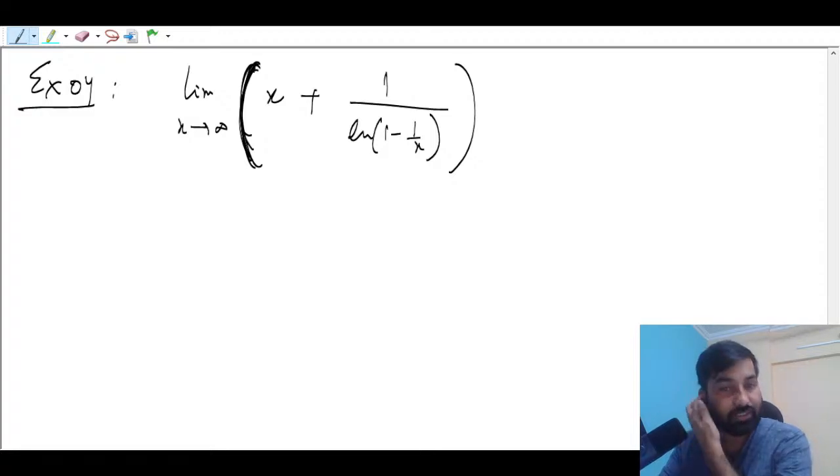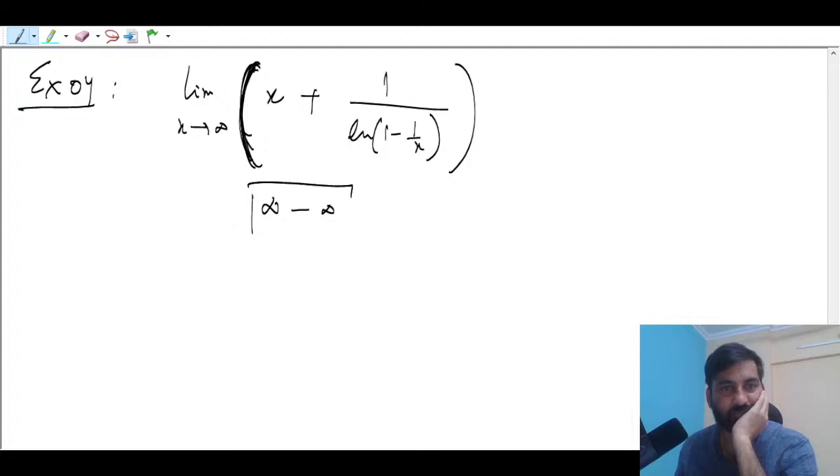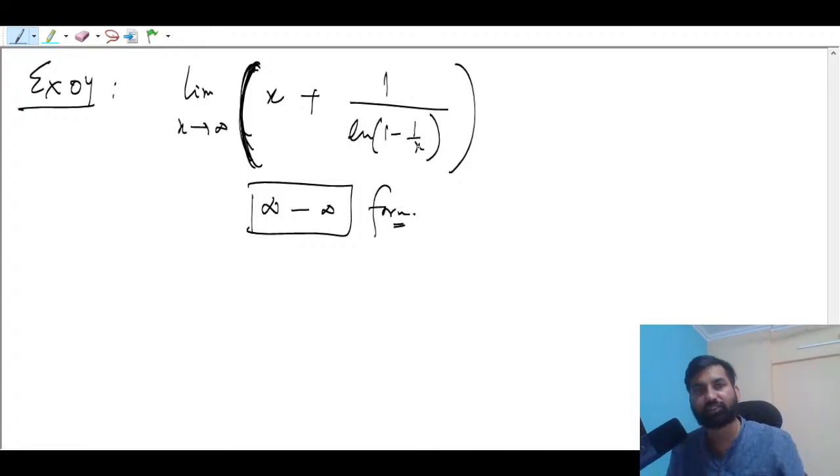So that's what you have to take care. So this is infinity and this becomes minus infinity, right? If you plot this function and check it. I hope this makes sense.